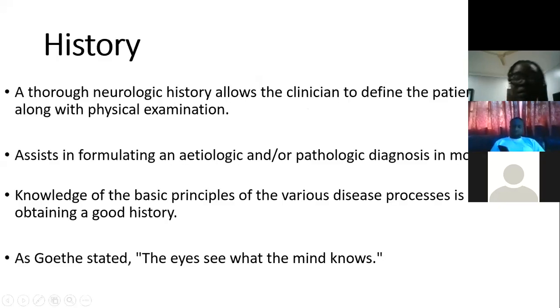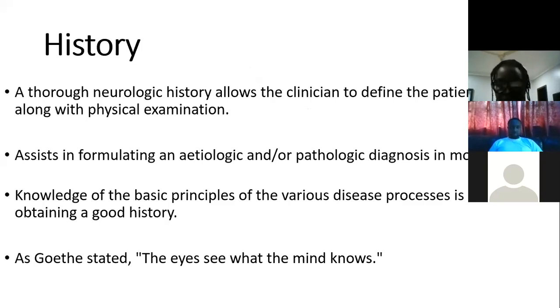So it starts with the history, and a thorough neurologic history is important because it allows you to decide which part of the physical examination you should concentrate on the most. It also helps you to understand where the etiology is or the pathologic diagnosis of the patient.